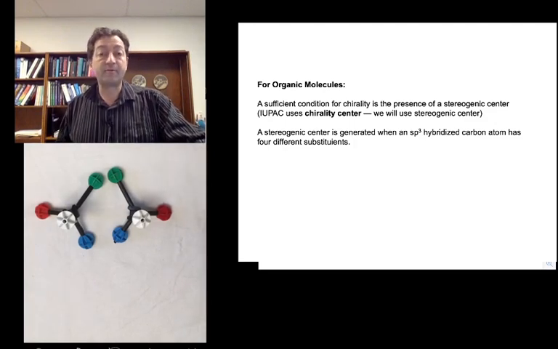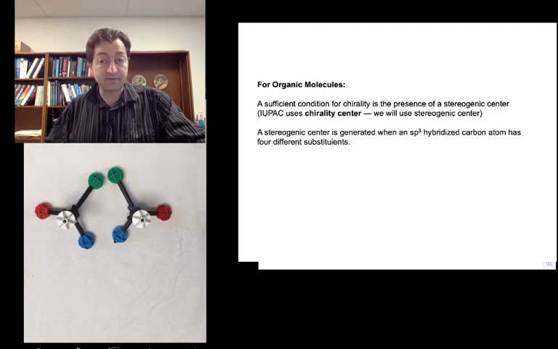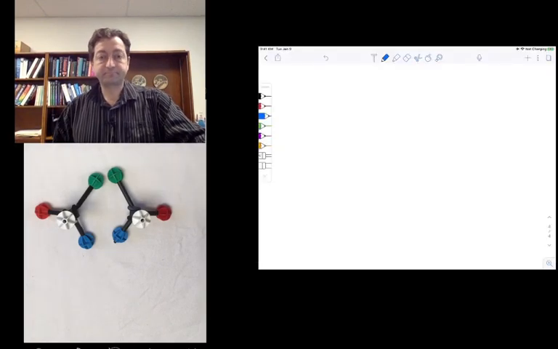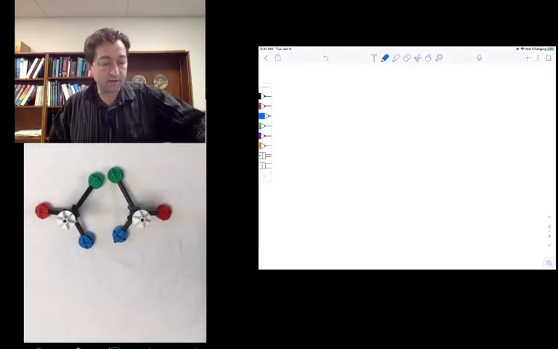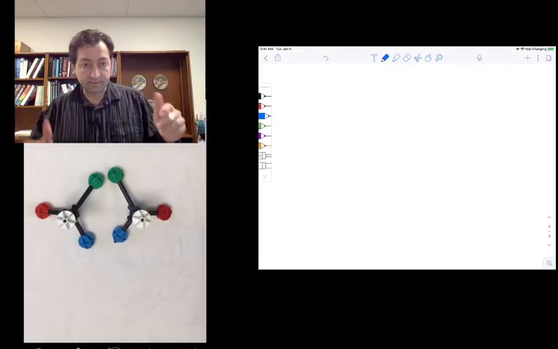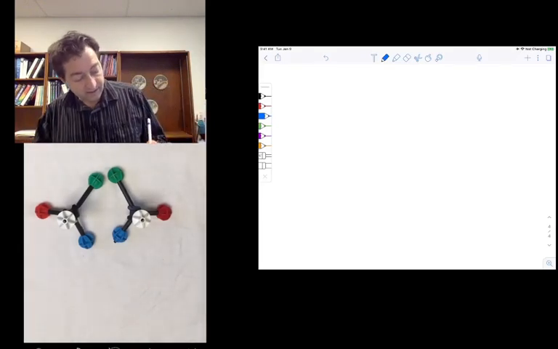So let's look at another example of this kind of object in a molecule that might be a bit more representative of the kind that we've seen.